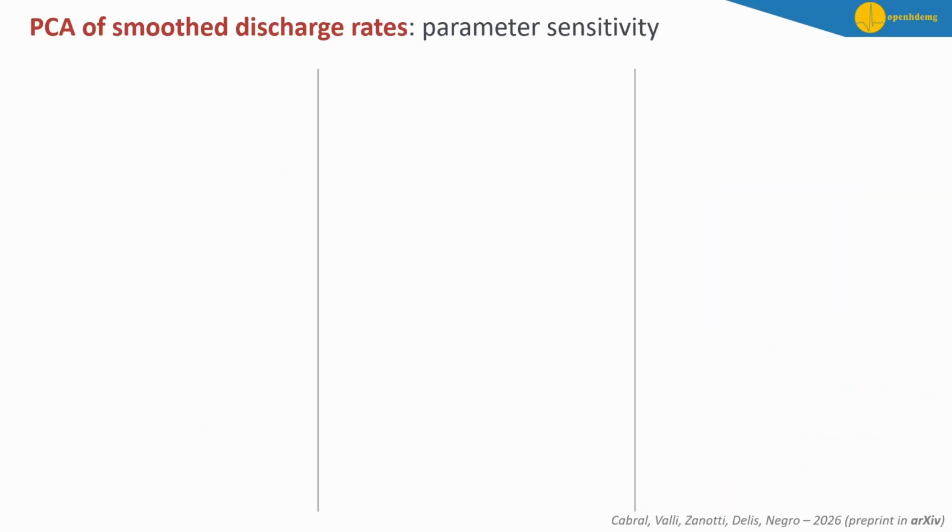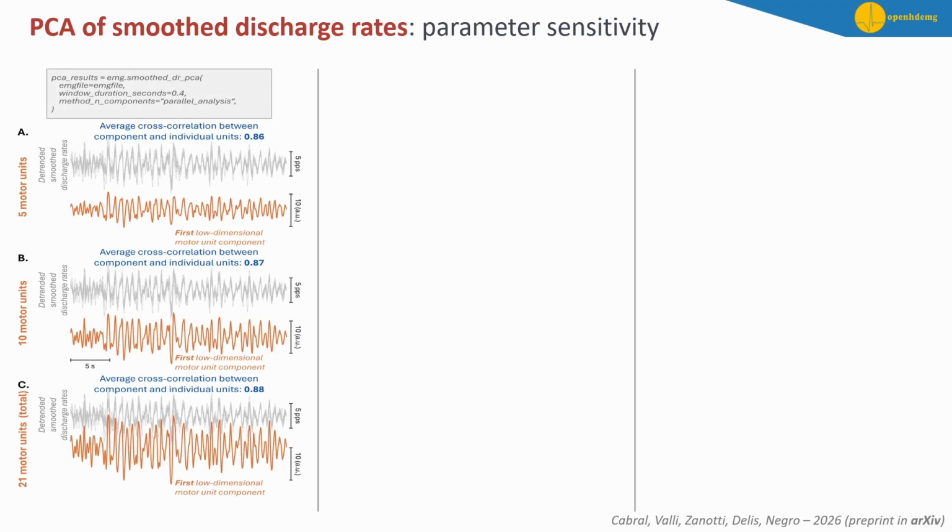the effect of this parameterization. In this first case, we had 21 units. We tried to do the PCA using 5 units from this pool on the top, then 10, and then 21. Very interestingly, you can see that in all the cases, the first low-dimensional component varies very well with those gray signals that are the smooth discharge rates of the units.